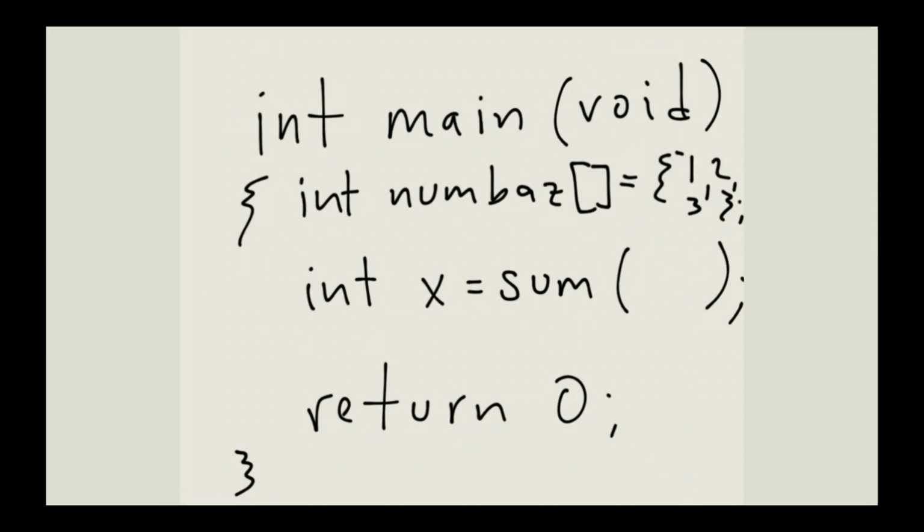Just kind of use that hacked up syntax right there. Then what I would do is in sum, I would want to pass in both numbers and the number 3, right? To tell the sum function, okay, here's the array I want you to sum. Here's its size. Does that make sense? Does that answer your question?